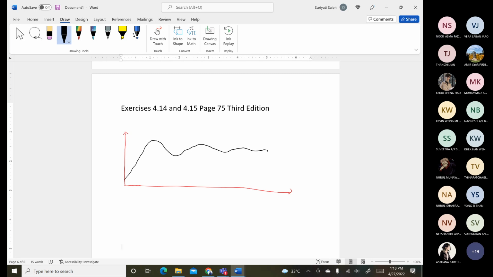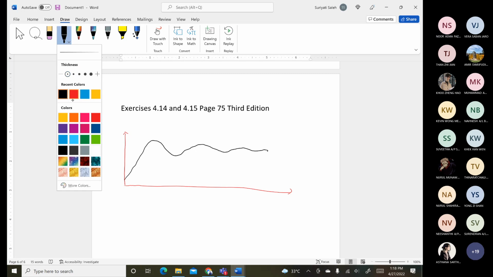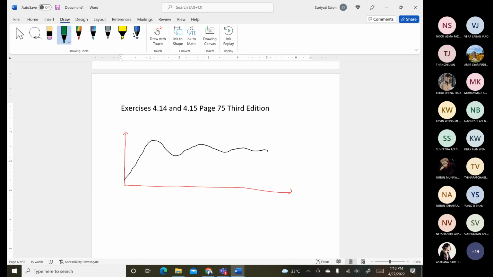Then we have 12.7, and 8. And then we have this one. So if we take a look, this one is 2.3.